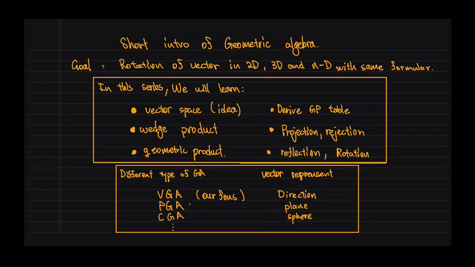If you want to learn translation, you can go to PGA, where the vector will represent a plane. And there's also CGA, which represents a sphere.